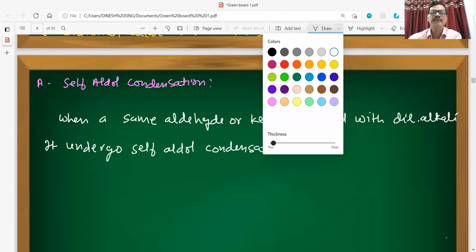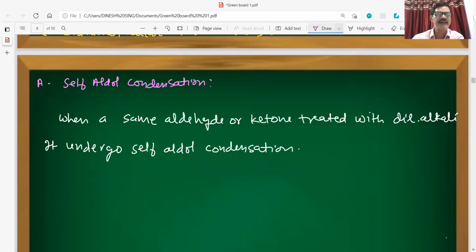Here we can see, suppose we are having this example, we can take acetophenone. This is acetophenone, C6H5COCH3. 2 moles are there.